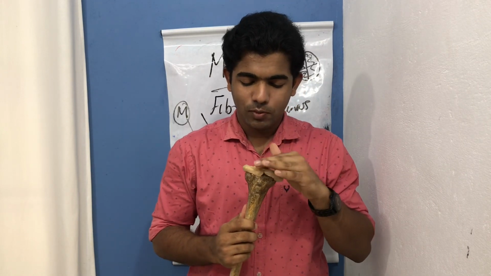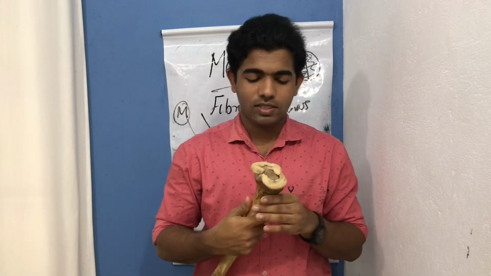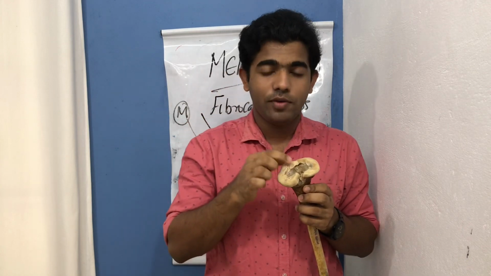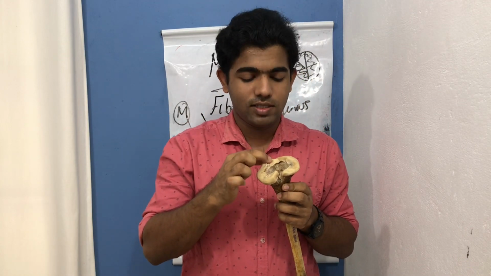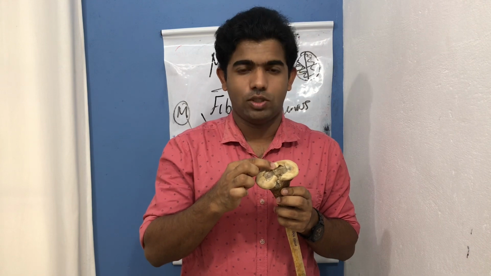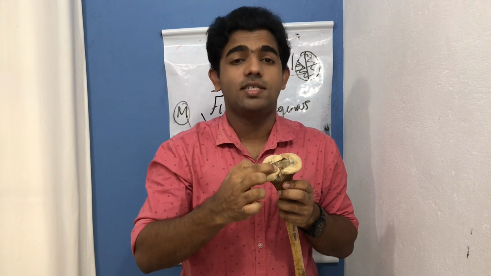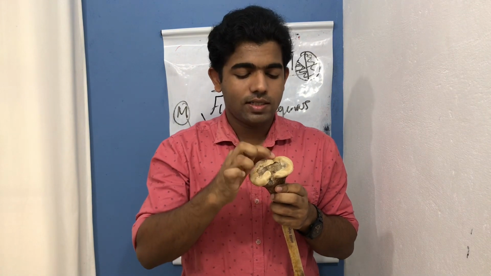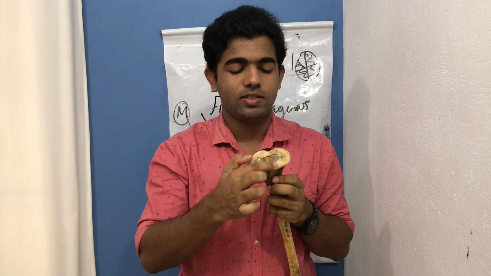Now you see that each of the menisci has two horns. This is the anterior horn, which is seen anteriorly, and this is the posterior horn. This is the anterior horn of the lateral meniscus, and this is its posterior horn.